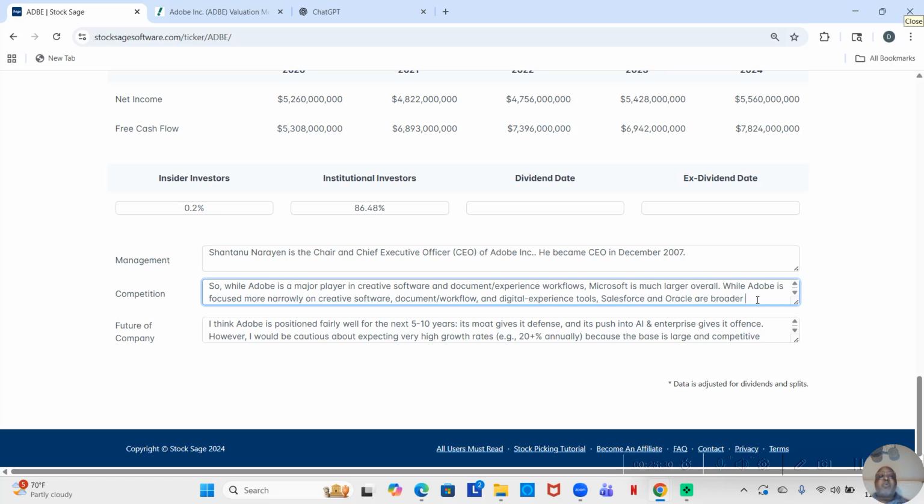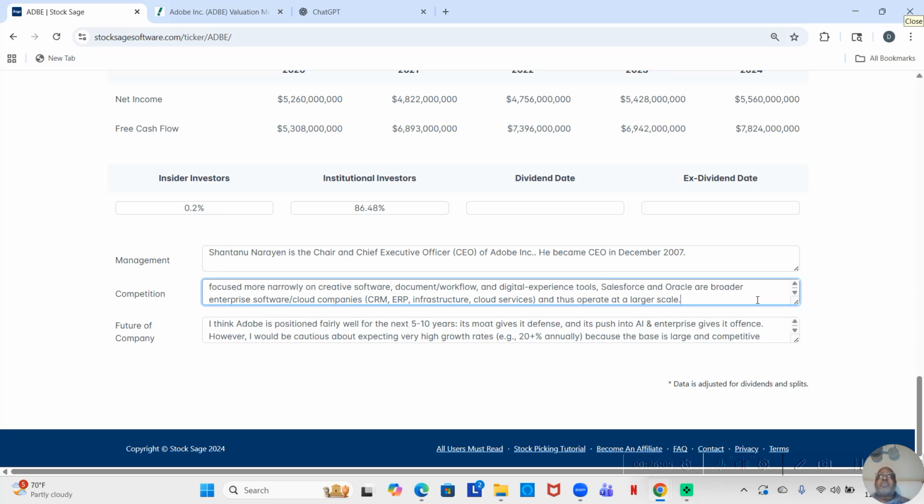While Adobe is focused more narrowly on creative software, document workflow, and digital experience tools, Salesforce and Oracle are broader enterprise software, cloud companies, CRM, ERP infrastructure, cloud services, and thus operate on a larger scale.